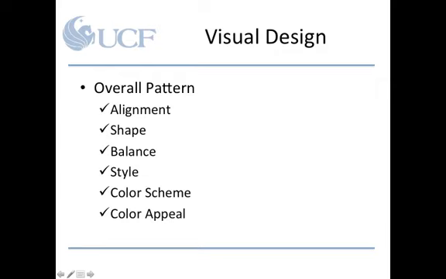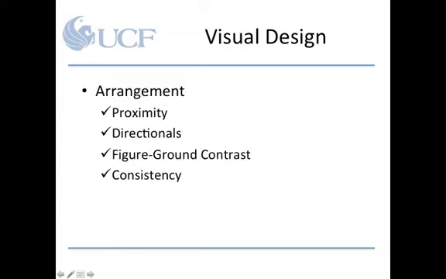Style, color scheme, and color appeal are all issues we've talked about in the past, and these are important to the overall effectiveness of using visuals. Arrangement, here again we're looking at proximity issues, so how far is an image from an item that it is related to or unrelated to, and that will provide a sense of connectivity between different images and content on the screen.